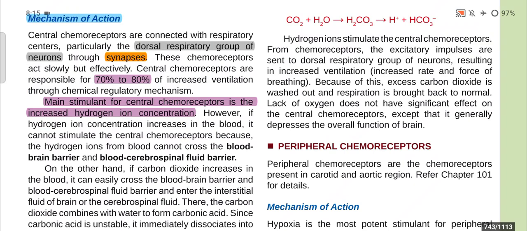However, if hydrogen ion concentration increases in the blood, it cannot stimulate the central chemoreceptors, because the hydrogen ions from the blood cannot cross the blood-brain barrier and blood-cerebrospinal fluid barrier.